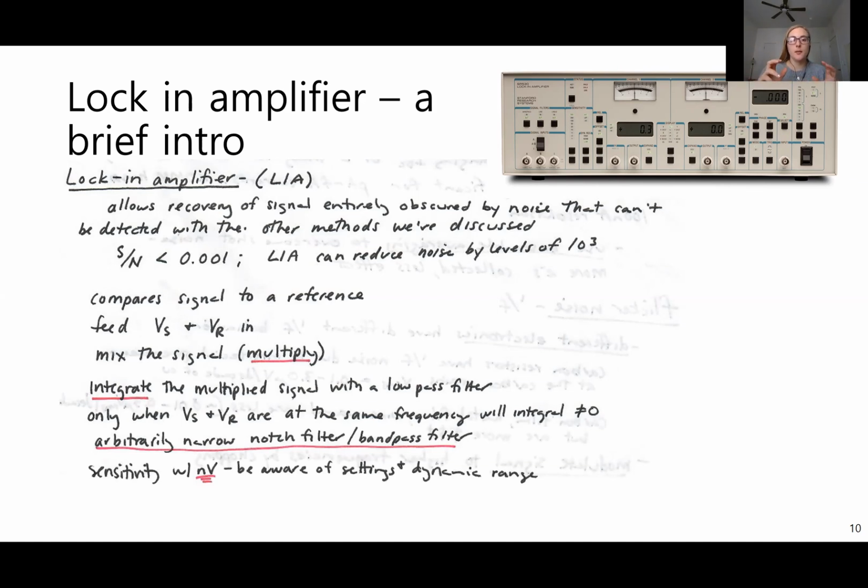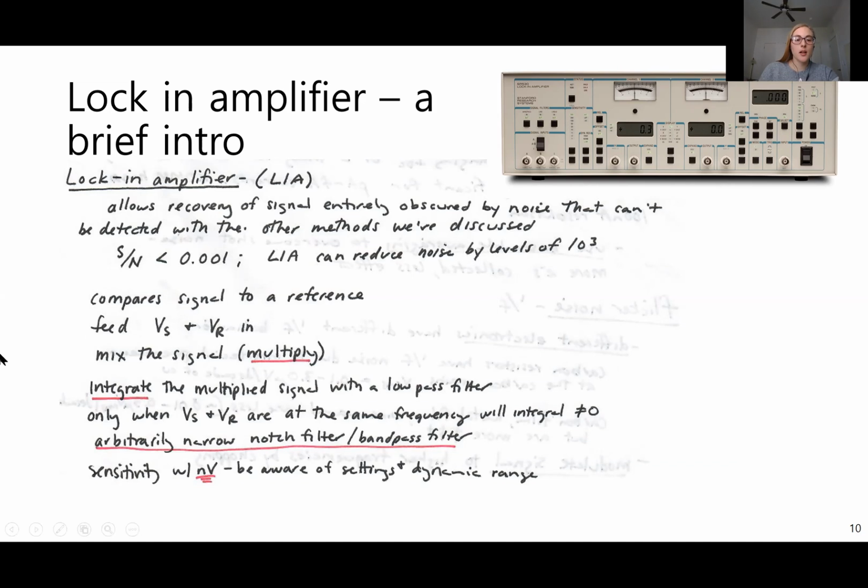This is where the dynamic range aspect comes in. I'll probably bring this up many times since you won't actually be using this lock-in amplifier in lab: when you move up to junior lab or senior lab and have to use a lock-in amplifier, be very careful not to overload it, because we don't need to damage these.